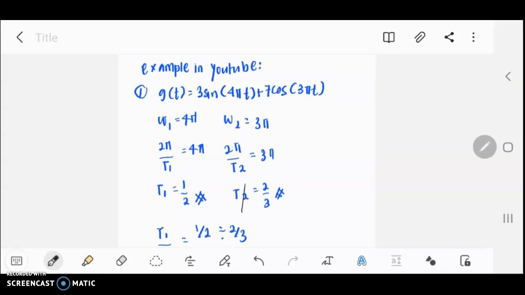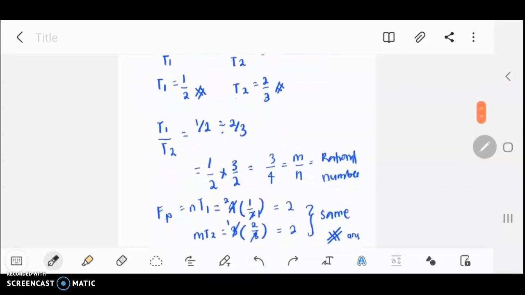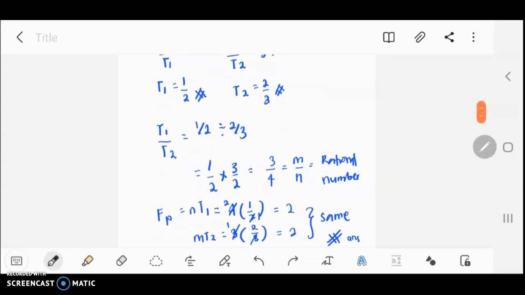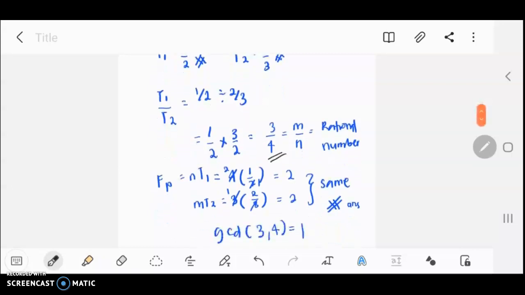After that, we have T1 over T2 equal to 1 over 2 divided by 2 over 3, and we will get 3 over 4. So 3 over 4 is equal to M over N, which is a rational number. This means that this is a periodic signal.